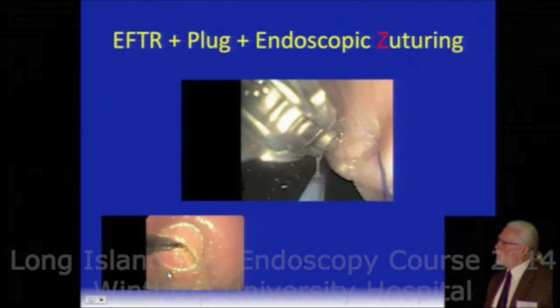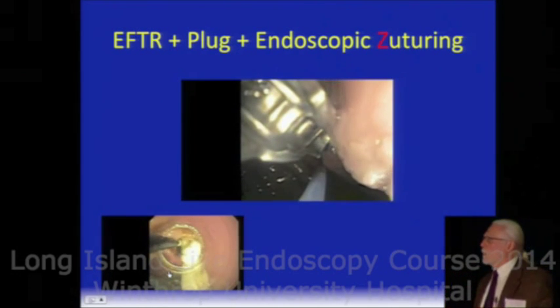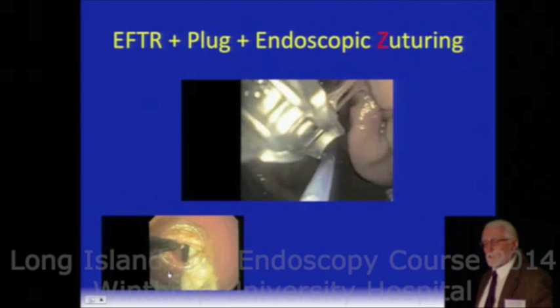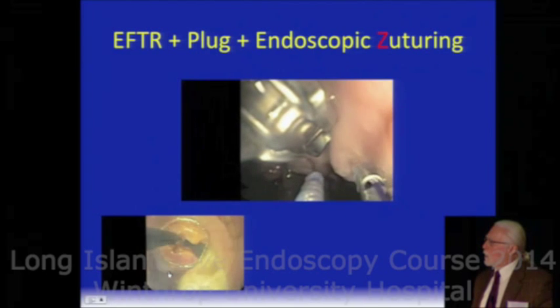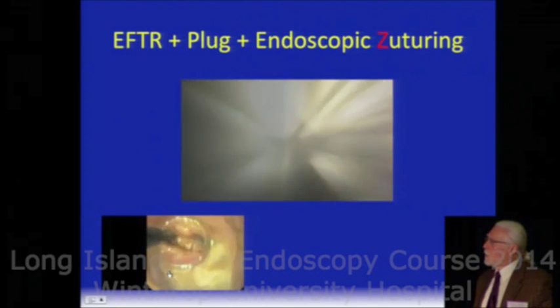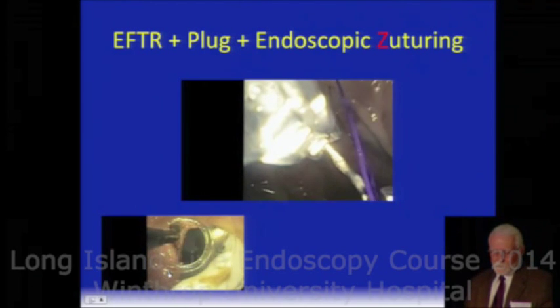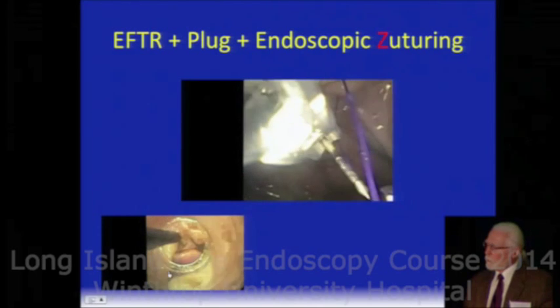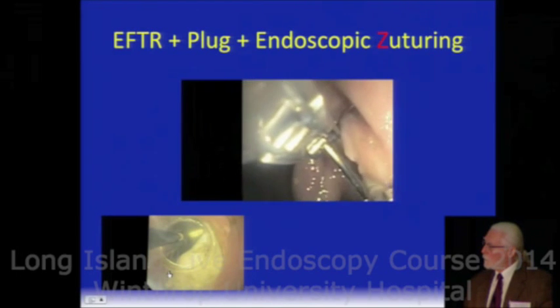Once the plug is sutured into place, then we just take the mucosa, we call it suturing, so it's kind of a Z-looking pattern, and take the mucosa and overlay the plug with the surrounding mucosa. And it just kind of puts an umbrella over the plug, and it allows the plug to allow the perforation or the viscerotomy to heal over time. And as I mentioned, the plug itself is made up of a foam material that's biointegrative and biodegradative at the same time.